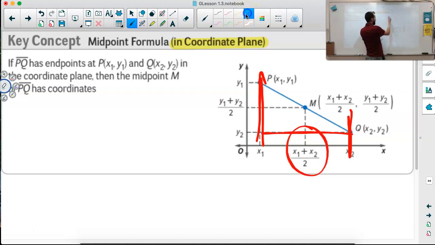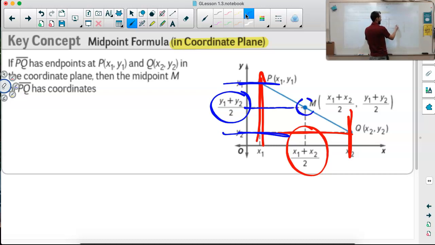Then do the same thing for your y's. Find the midpoint of those, which would be this one here. When those come together, you have this middle ground. All you're doing is the same math: you add the two values together and divide by 2. You do that for the x's, then for the y's, and then you get a midpoint.